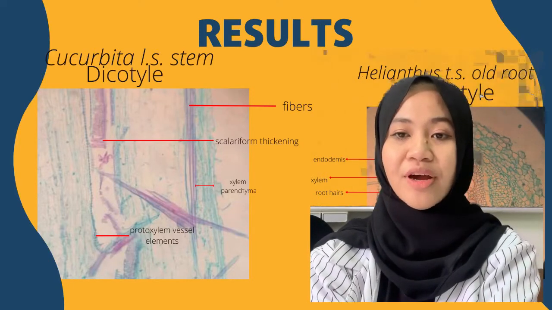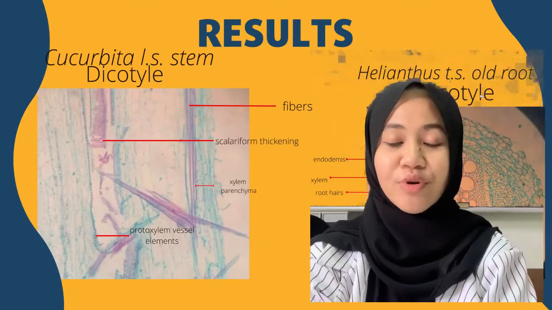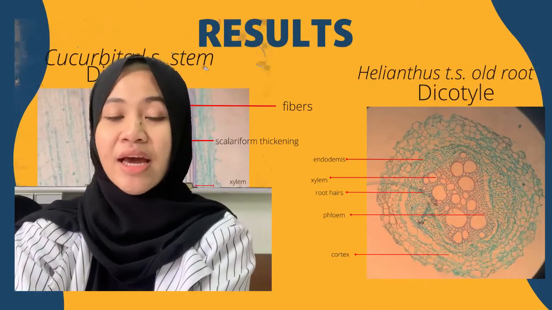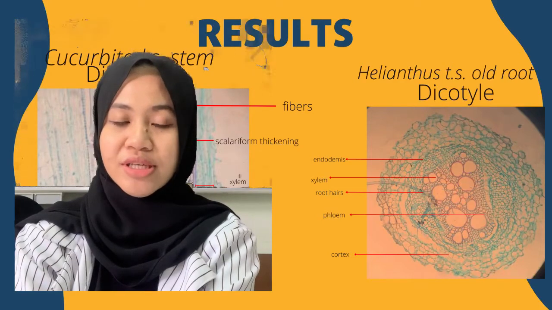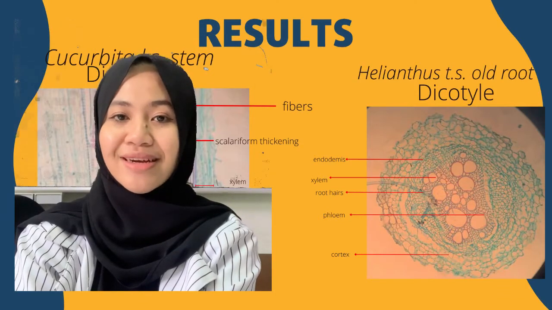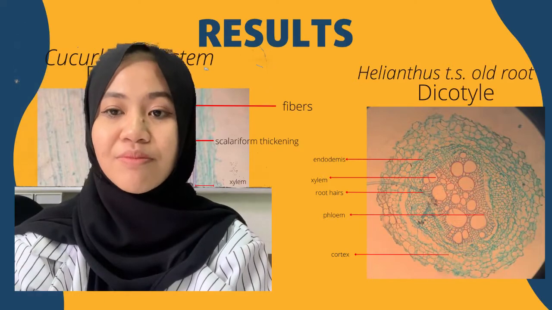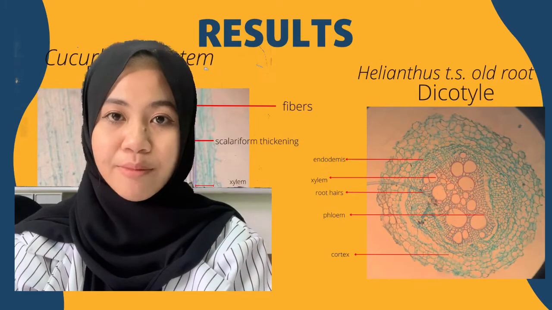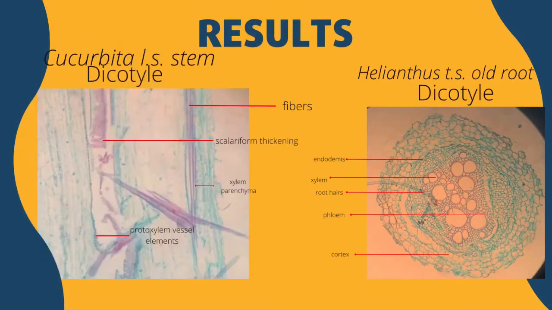The first is fibers, scalariform thickening, xylem, parenchyme, protoxylem, and vessel elements. The last is helianthus transversal section old root. It is classified as dicotyle, and the structures that exist in this plant are endodermis, xylem, root hairs, phloem, and cortex.